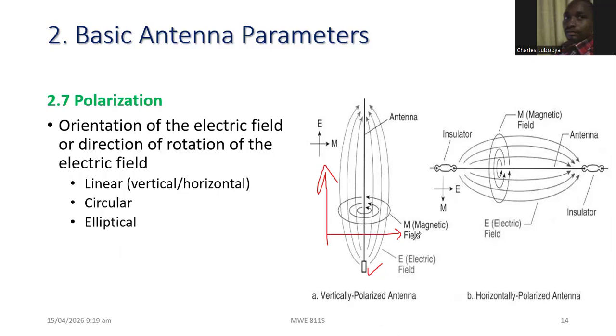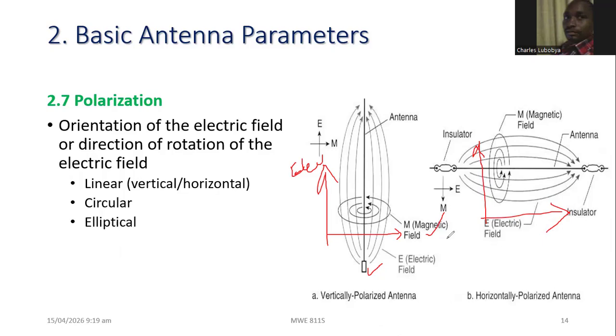And so that's your magnetic field, but the electric field is actually going in the vertical direction. As you can see, this is the direction of the electric field in the vertical direction, basically going up and down in that direction. Then it can also happen that you have the electric field going in this direction, which is the horizontal, while the magnetic field goes in the vertical direction.